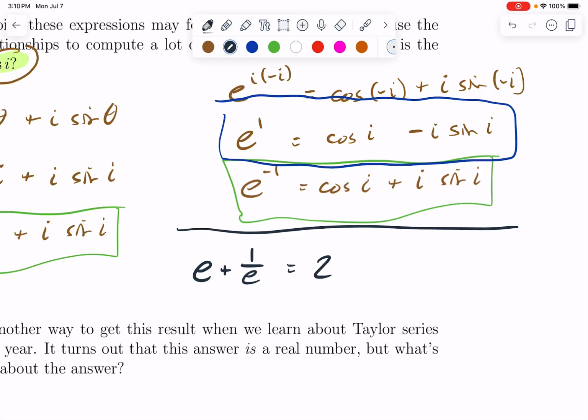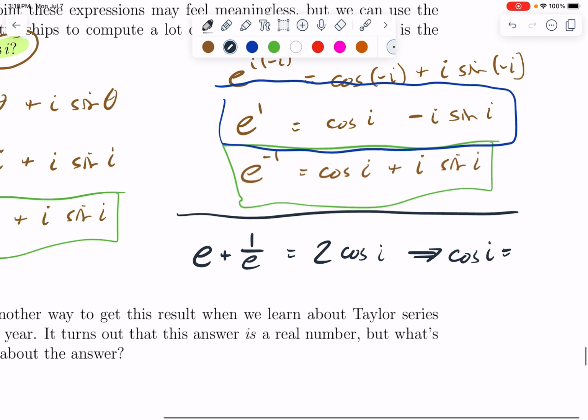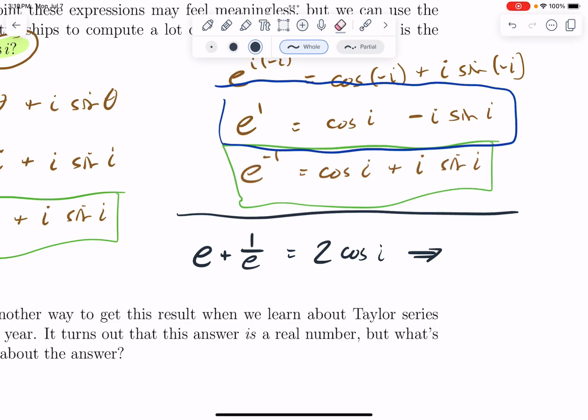I get 2 cosine i, and then here these cancel. So what that means is that cosine i is equal to 1/2 of e plus 1 over e.